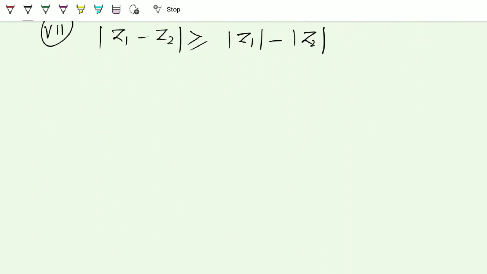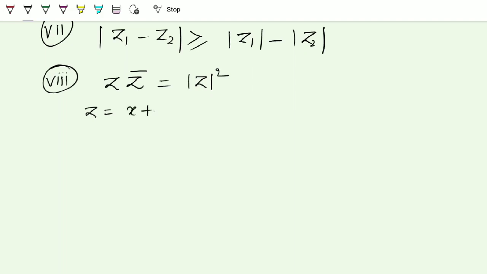Again, the next property is z times z bar is equal to modulus of z square. To prove this, let us take an example of a complex number x plus iota y. Then z bar is given by x minus iota y.